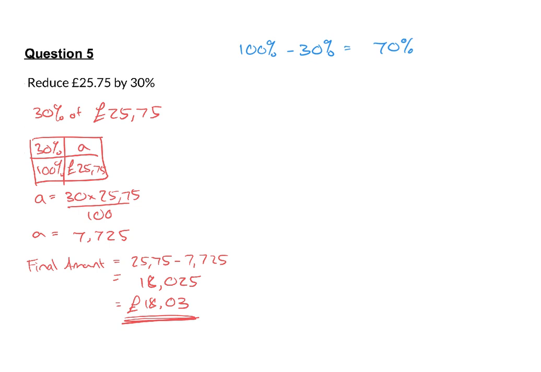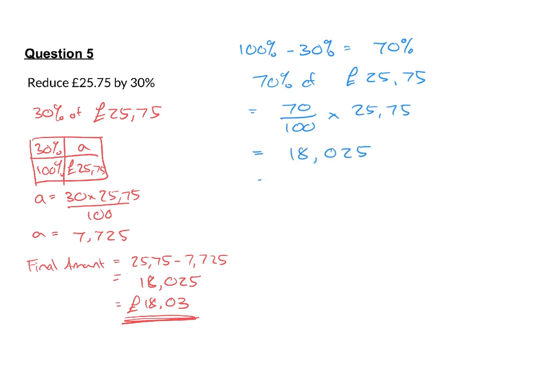So what we have here is I want to find 70% of 2575. So that is equal to 70, which is a percentage, so over 100, multiplied by 2575. If I do that, it takes me straight to the answer, and I must round it again because it's money.